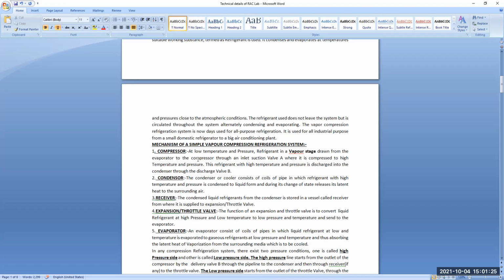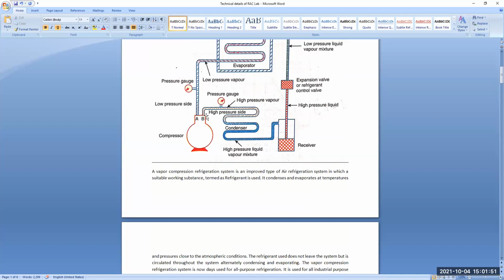So what is the compressor getting? The compressor gets the refrigerant at low temperature and pressure. It raises the pressure as well as the temperature to a high extent. Then it is sent to the condenser, like in this picture here, where the vapor at high pressure and temperature is reduced to liquid, still at high pressure and high temperature, then goes through the receiver.